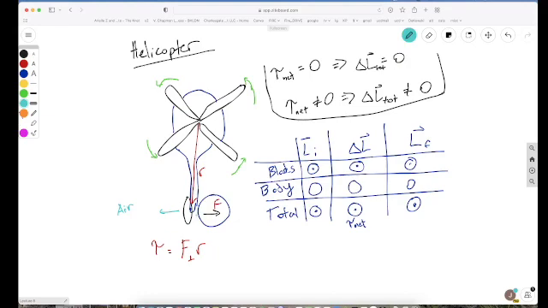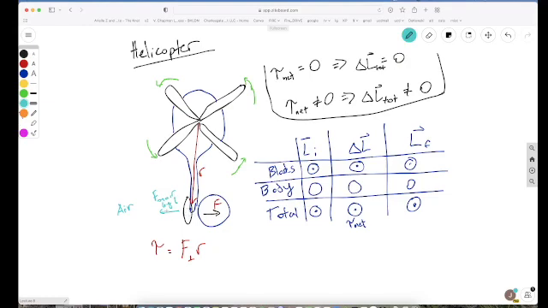So these blades, again, we're not worried about their angular momentum right now. We're only worried about the force that they produce by pushing on the air, and that force that they produce is this way. So if we're very specific, this is the F on air by blades, right?